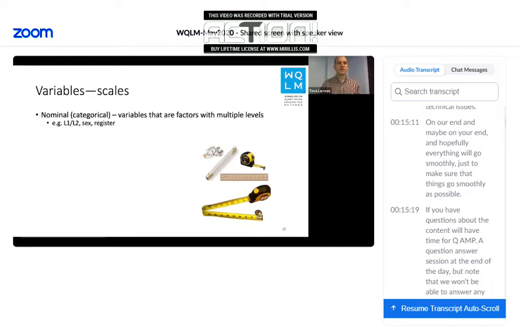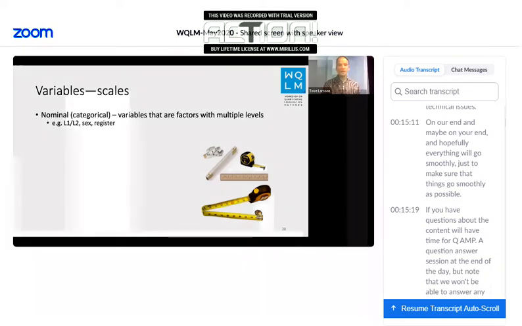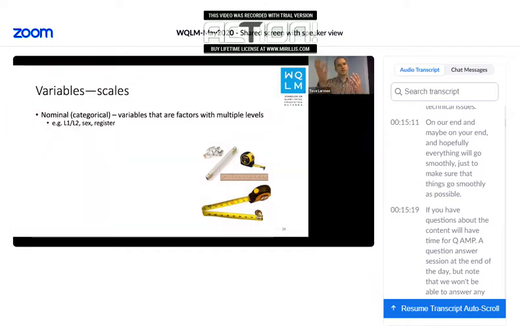And these are factors that have multiple levels, but there's no numerical ordering to the levels themselves. Things like whether you're an L1 or an L2 speaker, your first language background, your sex or the register for a text.